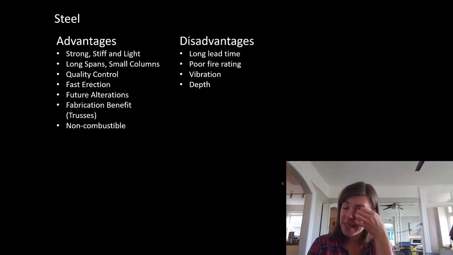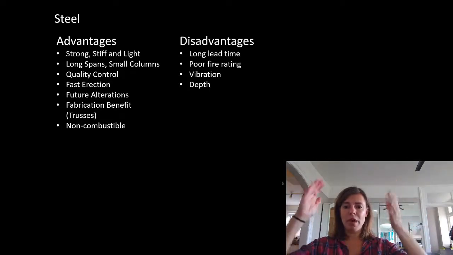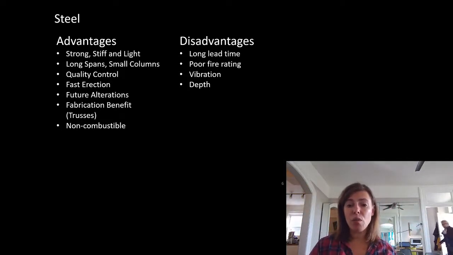Just to give you a sense, steel is about 77 kilonewtons per meter cubed. So a 1 meter by 1 meter by 1 meter cube of steel is 77 kilonewtons. Concrete is 23.5 kilonewtons. So concrete is actually about a third of the weight.